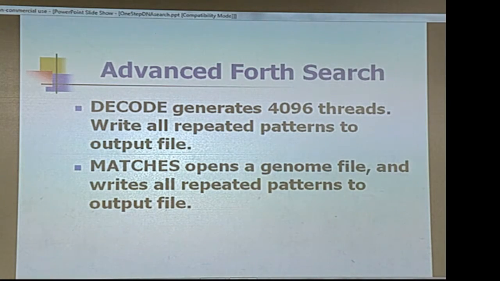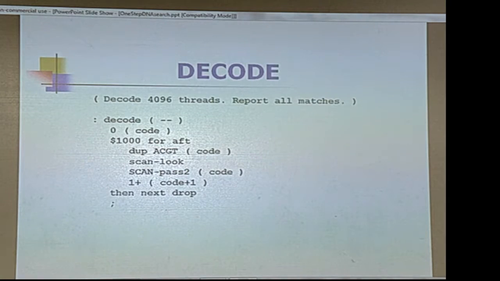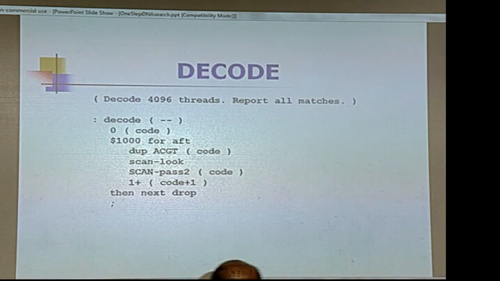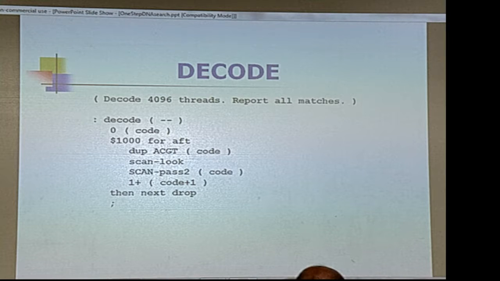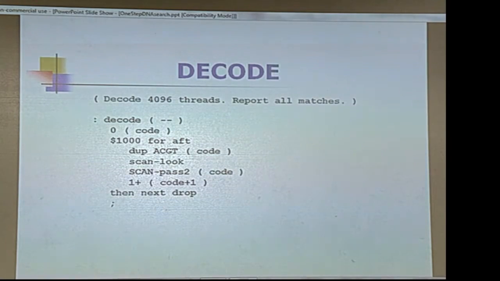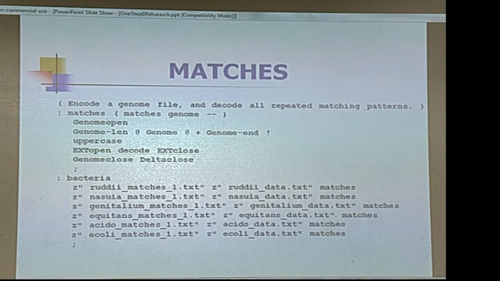So the decode, it goes out to the scan look, and then gets the thread and does the 2 scans to get all the matching patterns. And for the matches, you have to open up a file. You have to open up an output file, write only, and then go through this. When you write anything out, it goes into the output file.